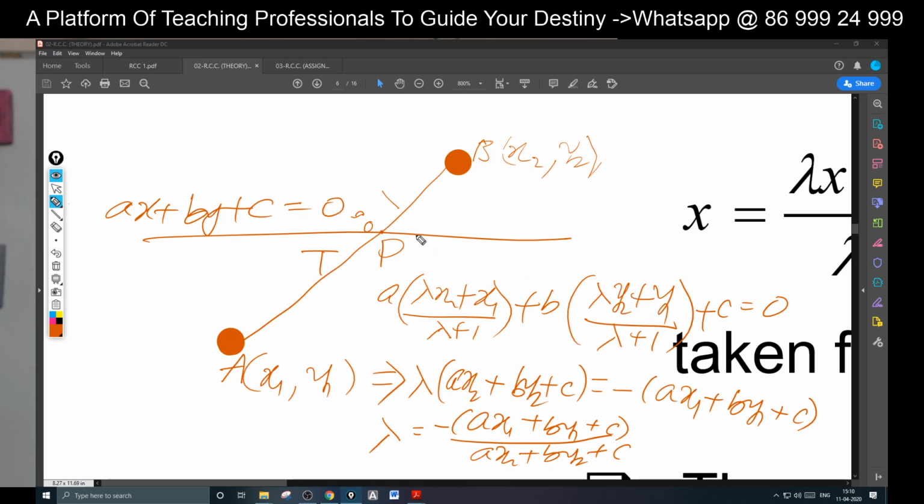But this P is also lying on this line, so we substituted the point P in the line, and it must satisfy. So we got it to be minus of (ax1 plus by1 plus c) by (ax2 plus by2 plus c). This is the formula to find the ratio in which a line divides a line segment AB.